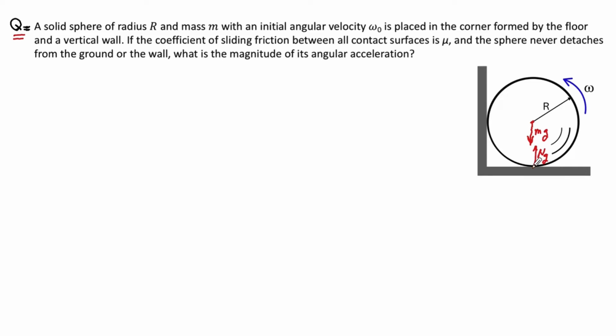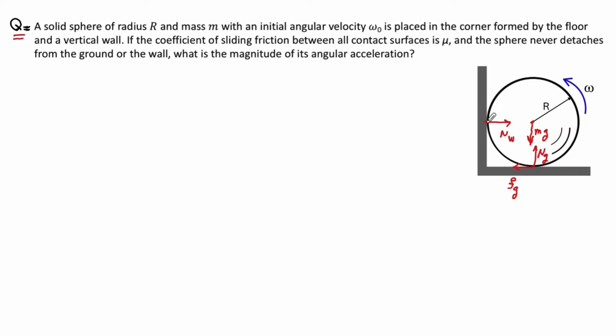That's why the friction which opposes the motion will be to the left. F G, right? F ground. And at this contact point, since the sphere tries to move to the left, then we have a reaction from the wall to the right side. It's N wall and F wall.